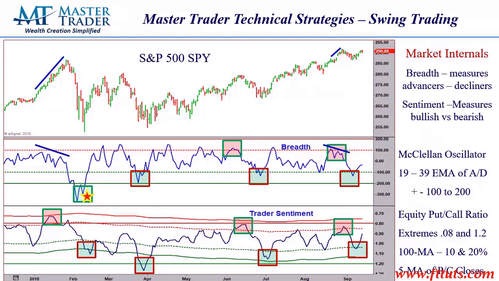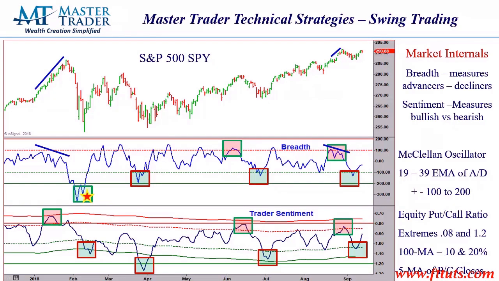Now, this can move to day-to-day extremes, and from a swing trading perspective, that's really not our interest. From a swing trading perspective, I'm interested in when that sentiment moves to an extreme based on a 5-period moving average of those closing levels.